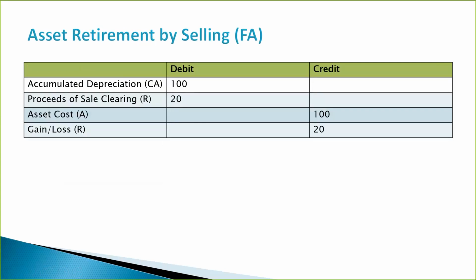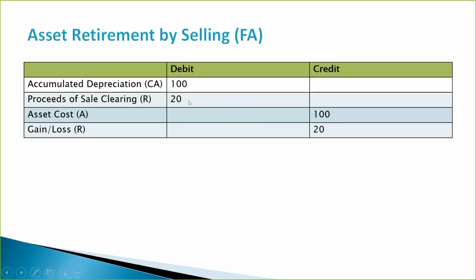Book value here is 0 because this asset has been fully depreciated. So 100 minus 100 is 0, but we are selling it and we are getting $20 for it. These two are revenue accounts. So the gain account is being credited and the proceeds of sale account is being debited.